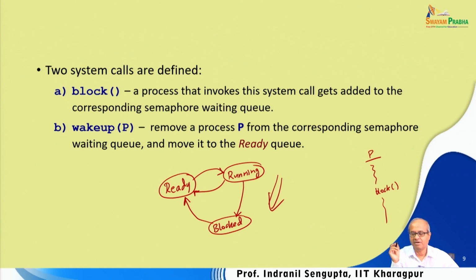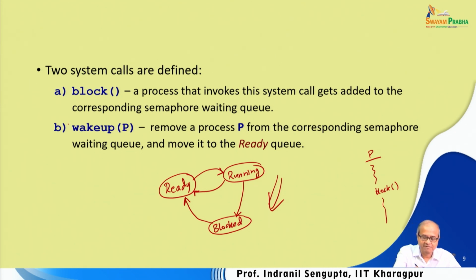So, if you recall earlier that there are multiple queues which are maintained for the processes in the PCBs, process control block. For all processes in the block state, there can be separate queues, one queue for every event. For semaphore, there can be one queue for every semaphore. Semaphore S1, one queue, semaphore S2, another queue, like that. Okay.